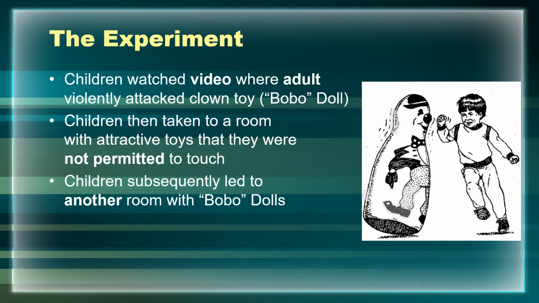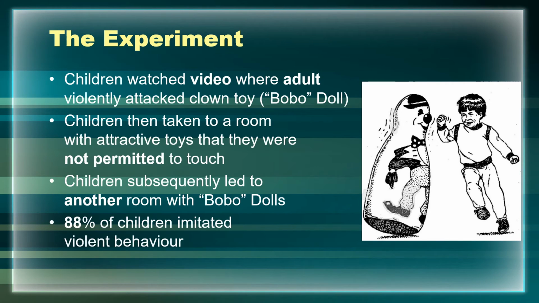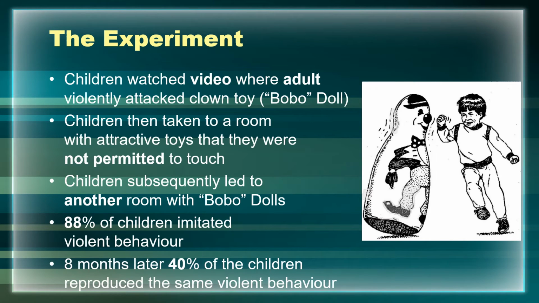They were then led to another room that contained a Bobo doll. And 88% of the children in the experiment attacked the doll. And then 8 months later, 40% of the children reproduced the same violent behaviours. The idea was the children watched an adult attacking the Bobo doll, then they attacked the Bobo doll, and a few months later they still attacked the Bobo doll.